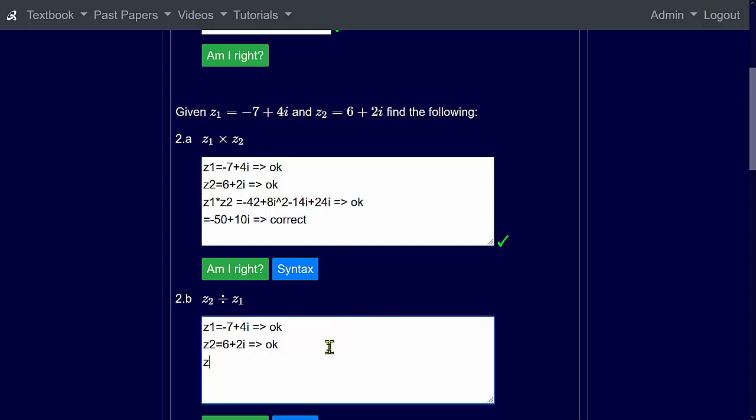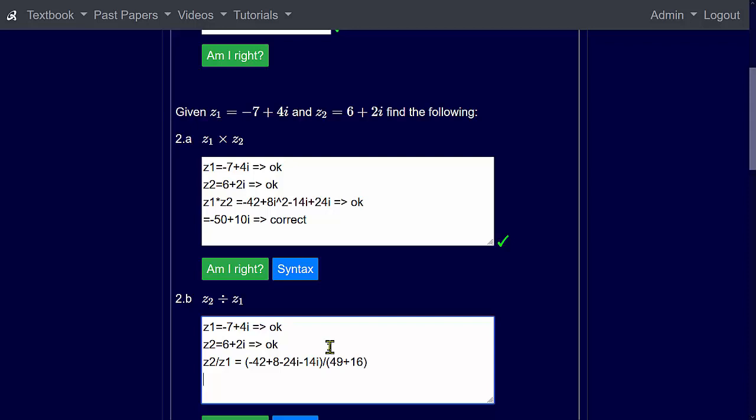So we want Z2 divided by Z1, which is equal to the bracket of minus 42 plus 8 minus 24i minus 14i, bracket, divided by 49 plus 16.